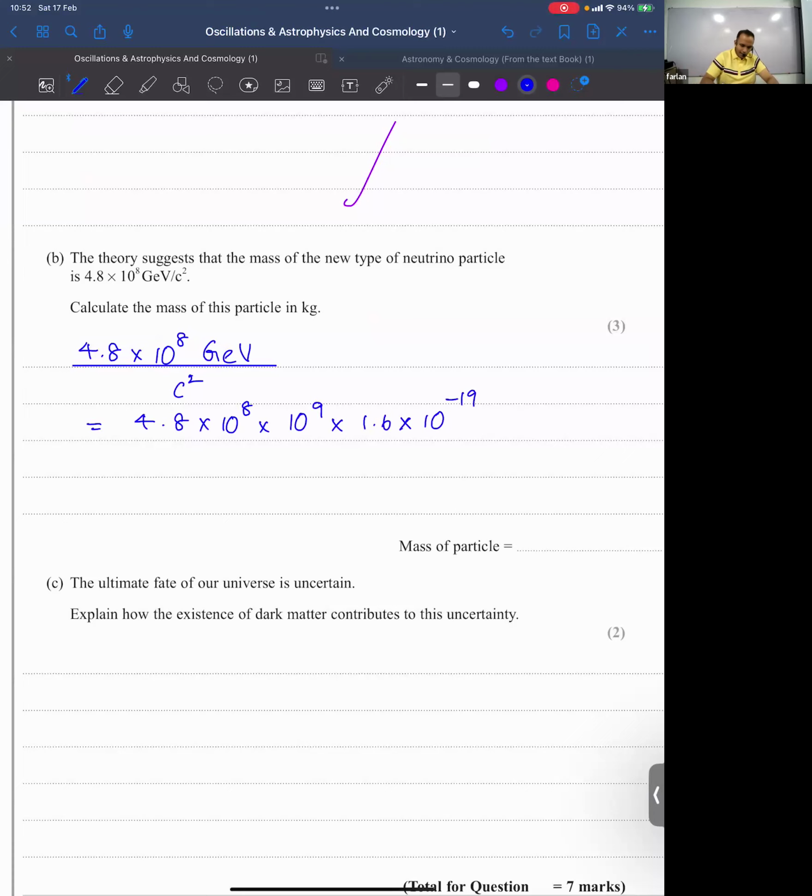And then divide by c square, where c is 3 into 10⁸, and that needs to be squared. Is it 8.53 into 10⁻⁹?